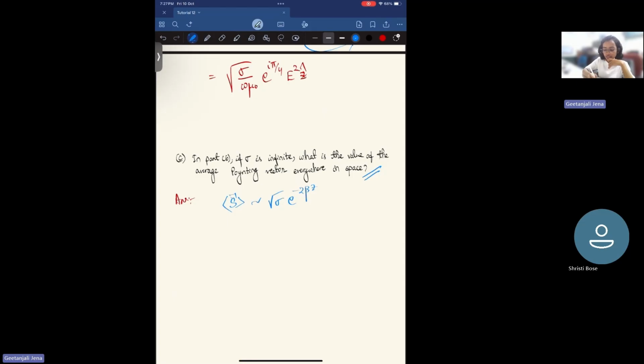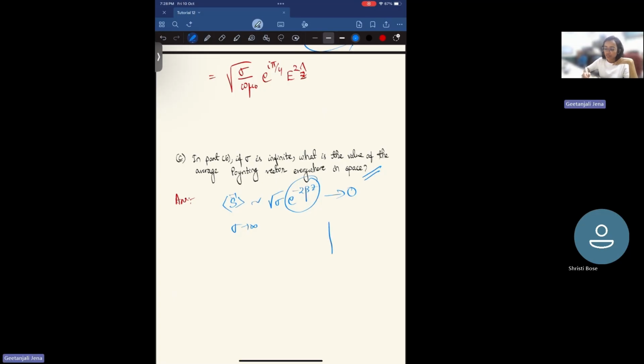And when sigma tends to infinity, this exponential factor will lower the value of S, so it will tend to 0. That means whatever wave is incident will get totally reflected, because it's a highly conducting medium.